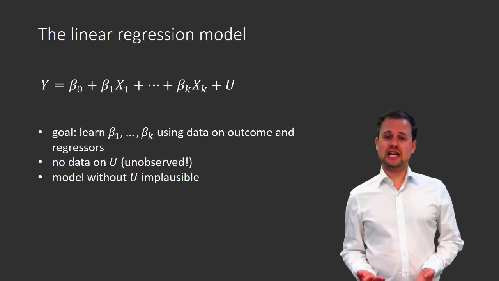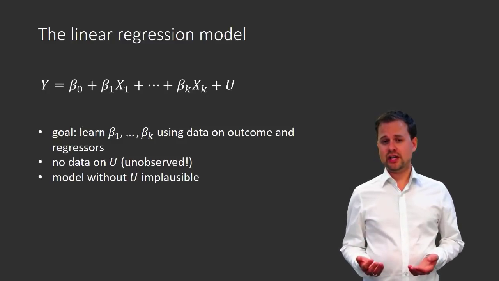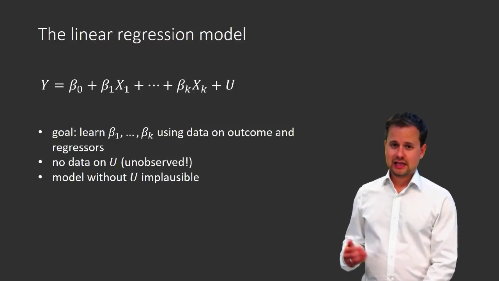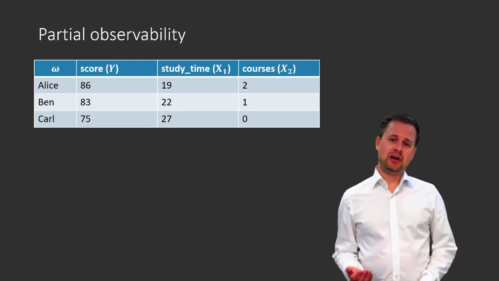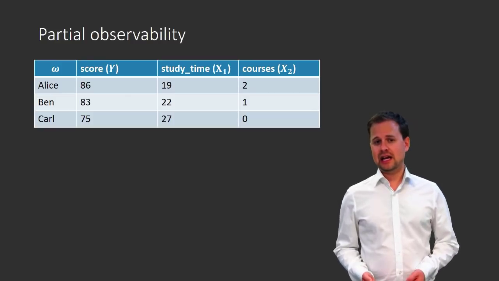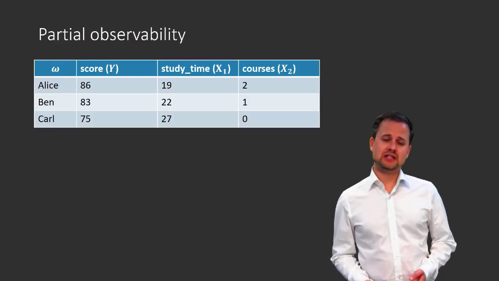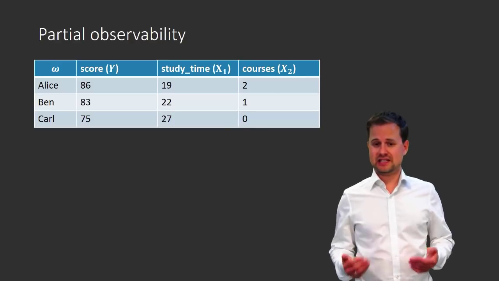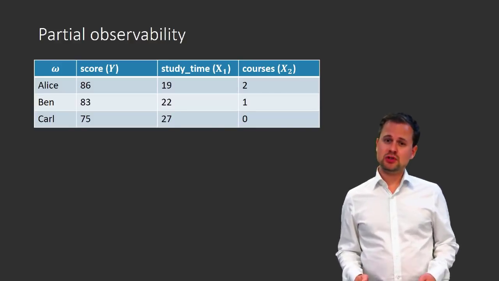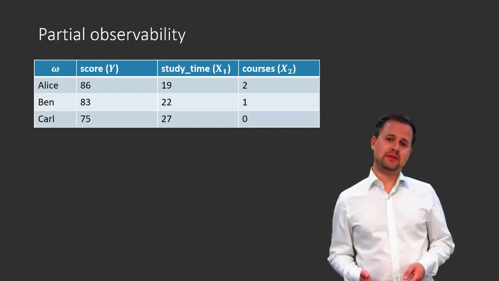Let me give you an example of why observing the model only partially is problematic. So here we have again our example population from before. So there's Alice, Ben, and Carl. And obviously Alice does best on the exam. She receives 86 points. And why is that? Well, that's because she has the most amount of prior training.